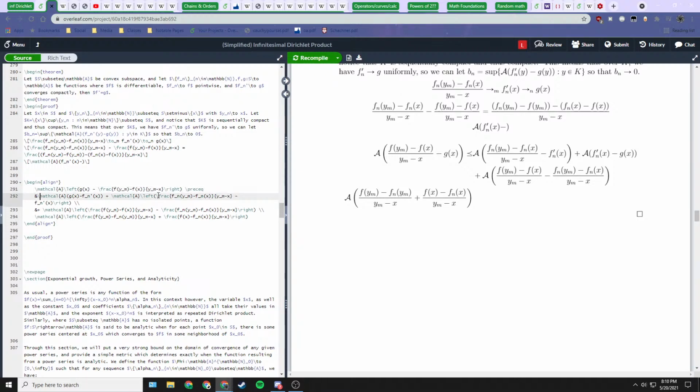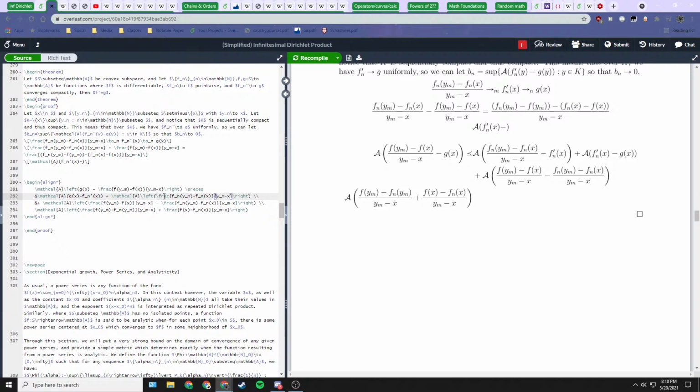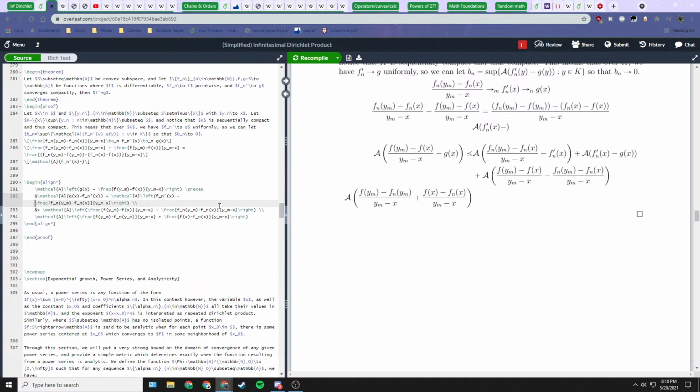G minus that, G minus this, and then this thing minus that thing, and this one minus the last one.